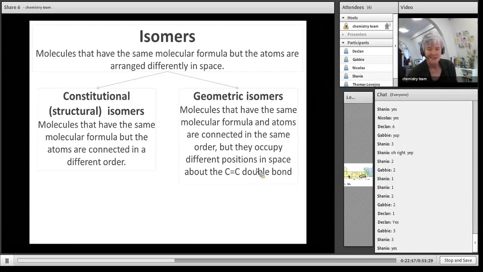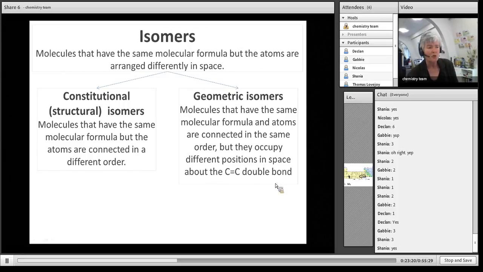They're connected to the same place, but in 3 dimensions, they're in a different space. So one might be to the left and the other one might be to the right on the same atom, and in the other molecule, it'll be on the right and the other one to the left. So they're connected differently.